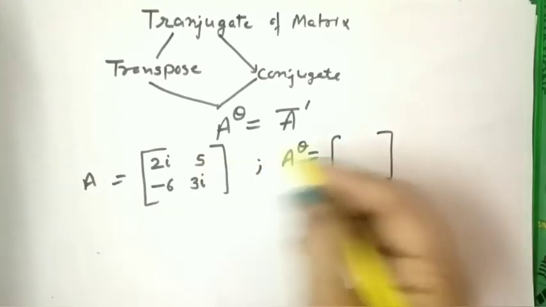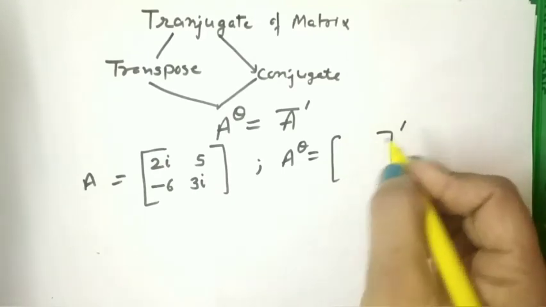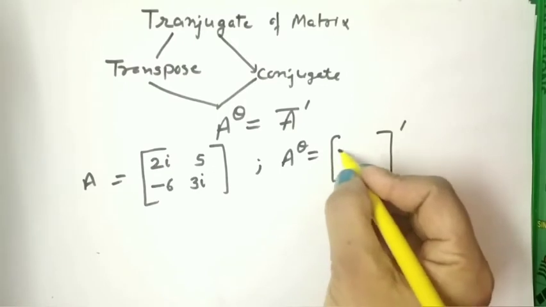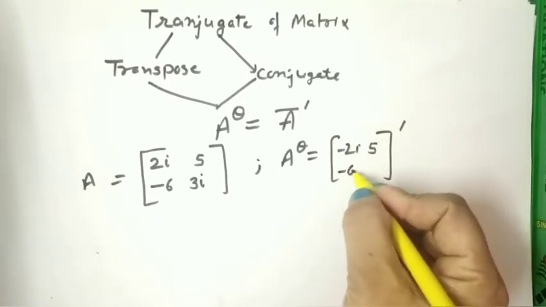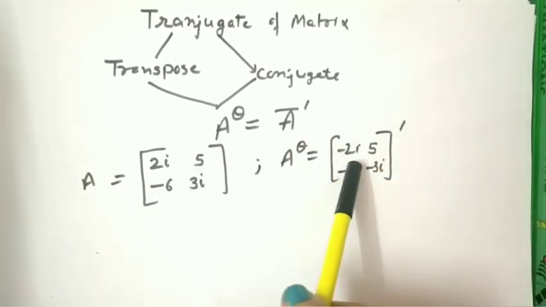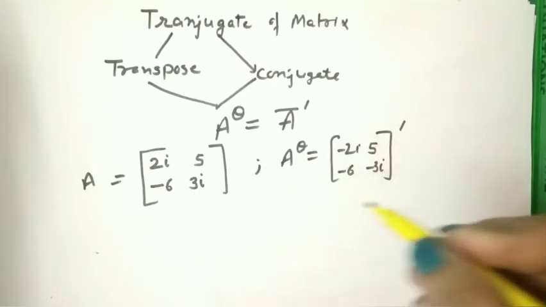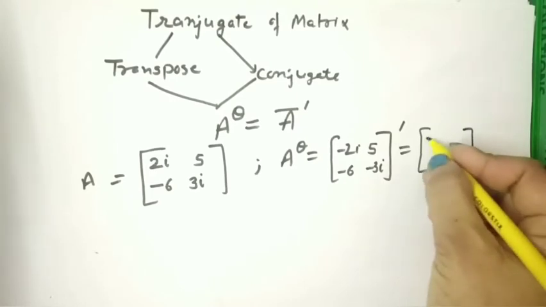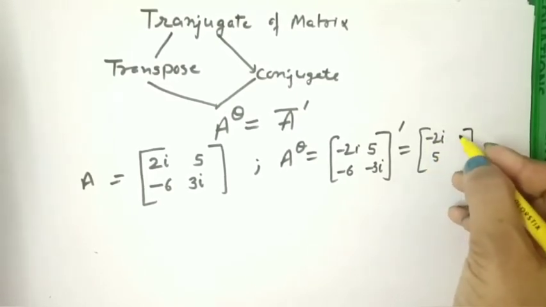First we will take the conjugate and then the transpose will be there. So the conjugate is minus 2 iota, 5, minus 6, minus 3 iota. For the conjugate you just have to change the sign of iota present in the given question. Now the transpose will be changing rows to columns and columns to rows.